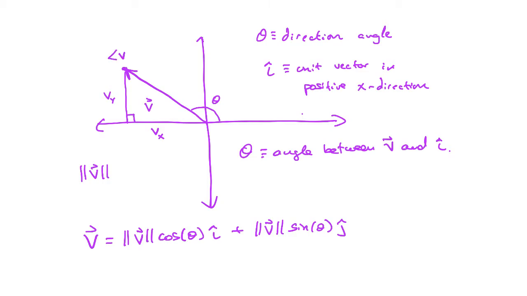They're just going to be given by the length of v times the cosine of my direction angle and the length of v times the sine of my direction angle. So with that in hand, let's take a look at how we can understand this particular problem now.